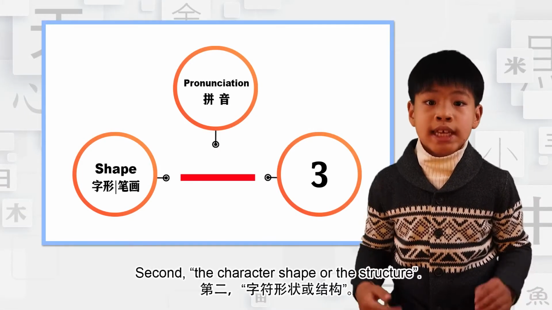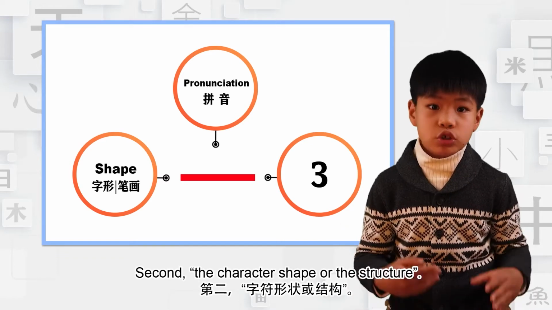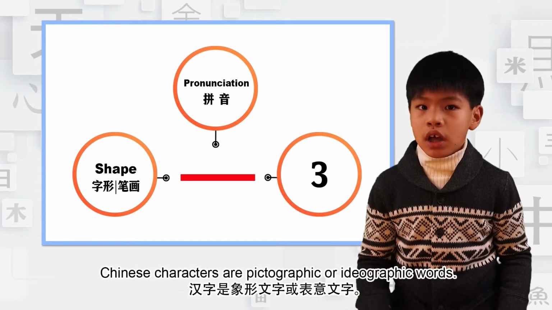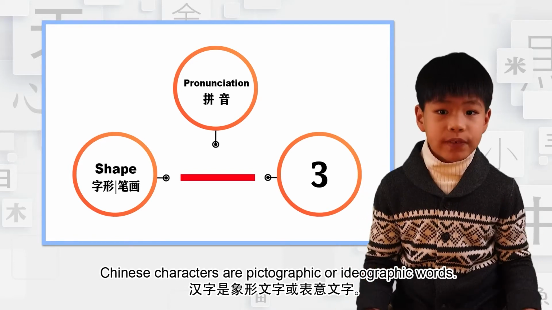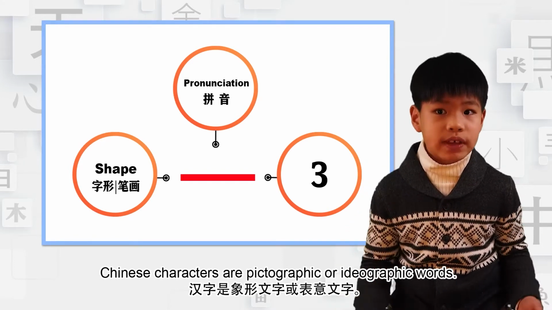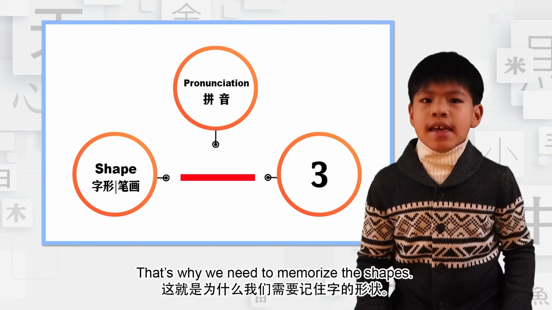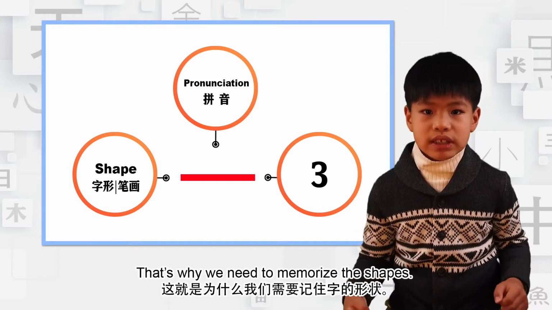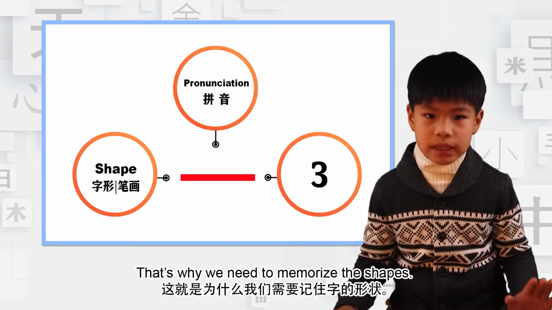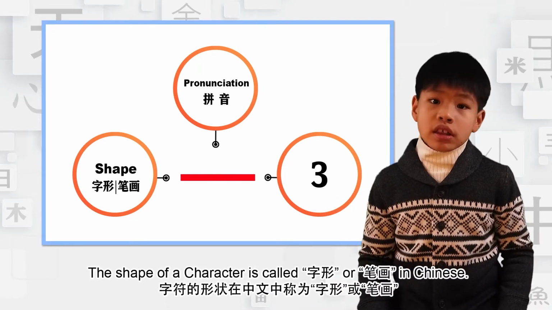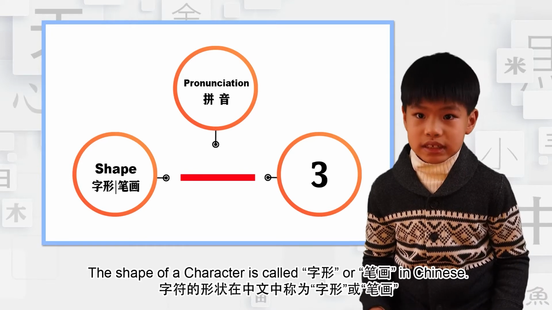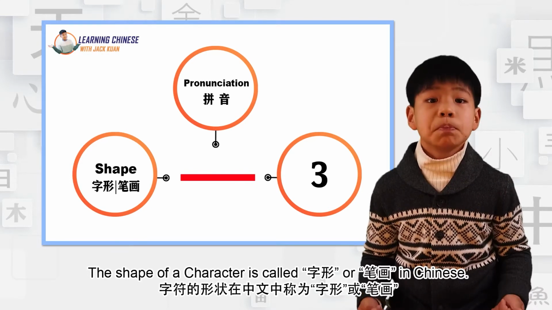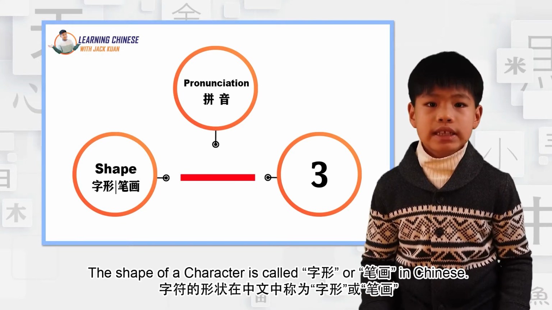Second, the character shape or the structure. Chinese characters are pictographic or ideographic words. That's why we need to memorize the shapes. The shape of a character is called 字形 or 笔画 in Chinese.